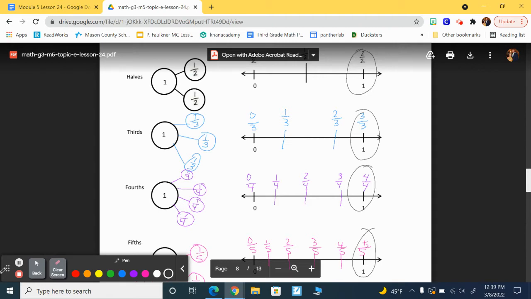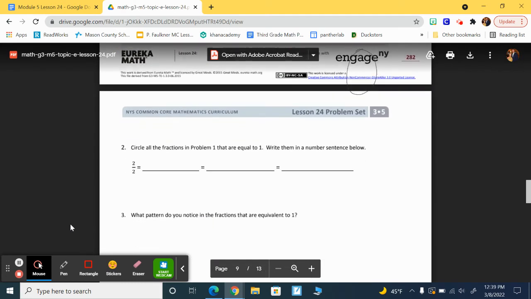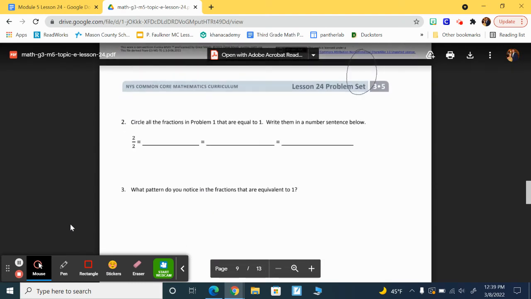Okay, so now we're going to go back down, and it says, then write in a number sentence below. So basically, you're just going to write in everything that you circled. Okay, so equal means equivalent to. So we have 3/3 is equal to 4/4 is equal to 5/5. Okay, so that is what we have there.